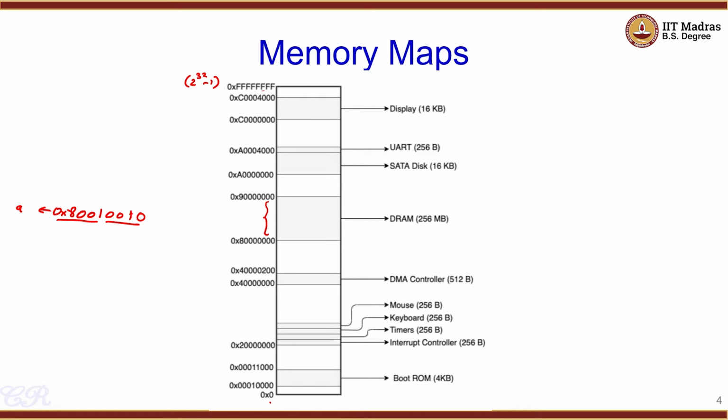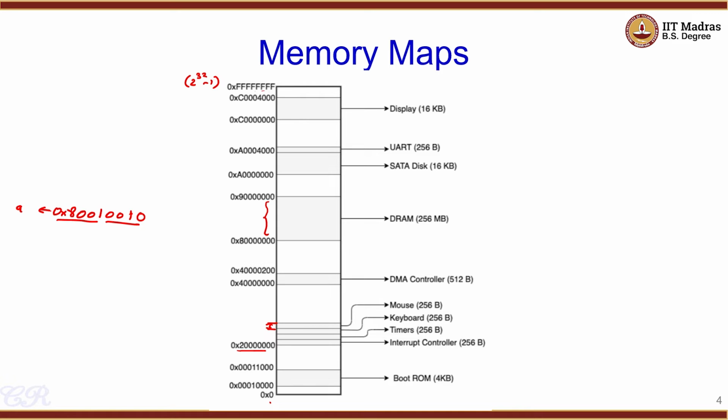Now besides the memory, the DRAM, and here is the boot RAM, that is the read-only memory. Every peripheral essentially would have a certain set of addresses within this entire memory map. So, for example, you would have your mouse with 256 addressable bytes within this particular region. You have your interrupt controller taking another 256 bytes starting at this location, 0x20000000, and so on, right.